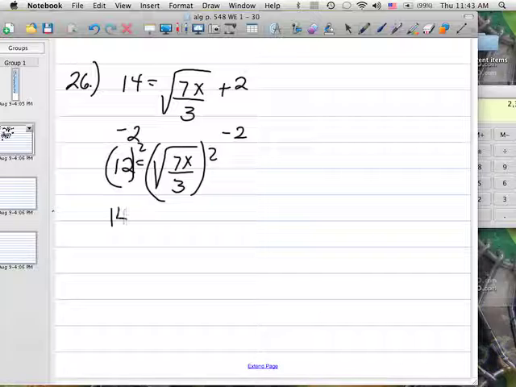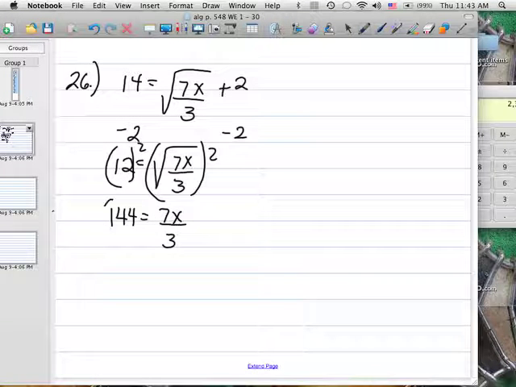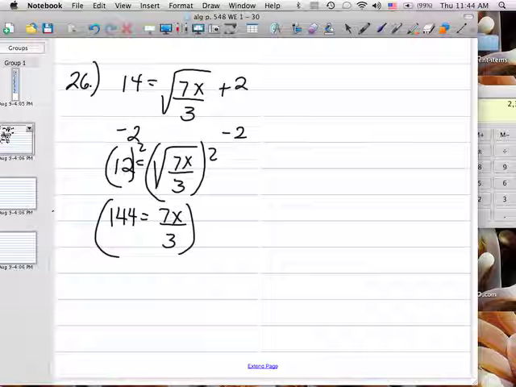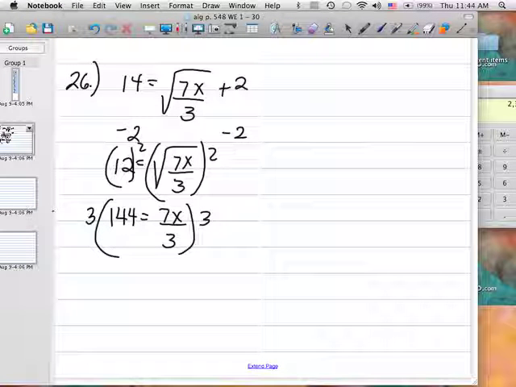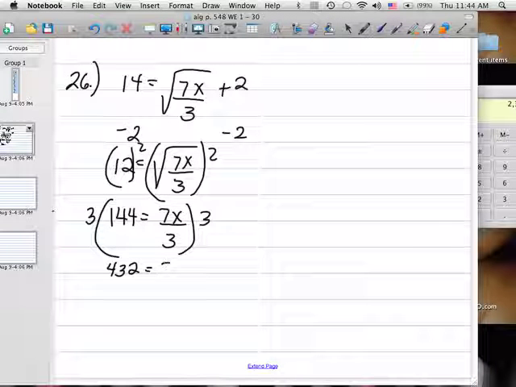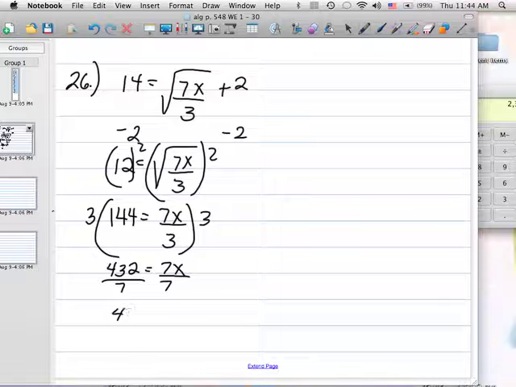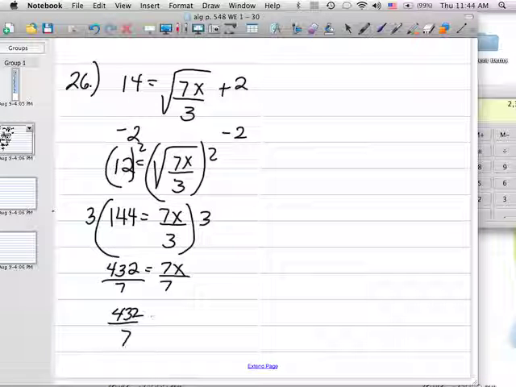So now we have 144 equals 7x over 3. Multiply by 3, and we get 432 equals 7x. Divide by 7, and we get 432 over 7 equals x.